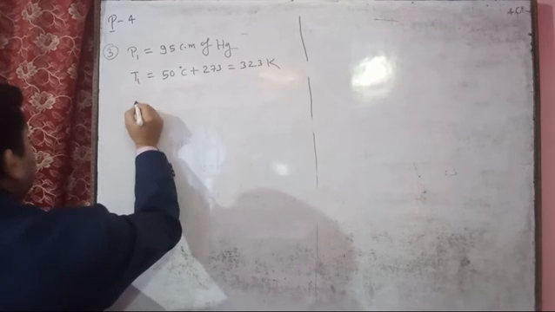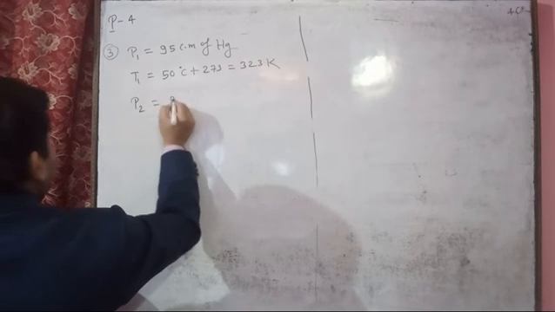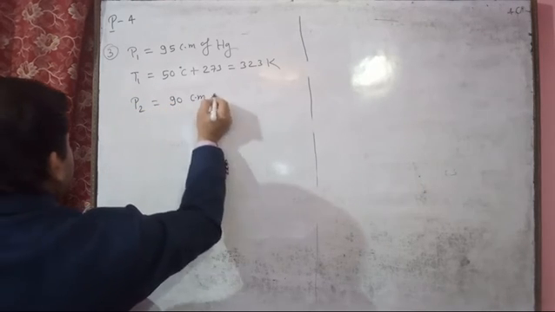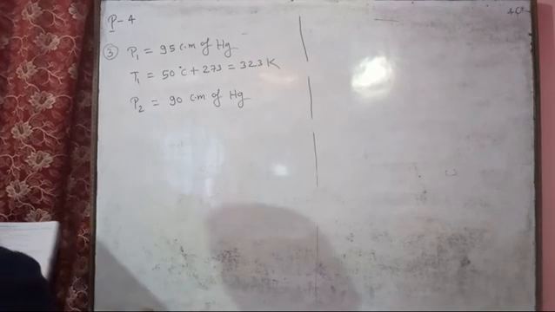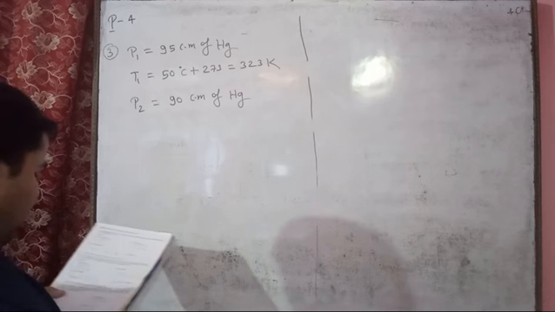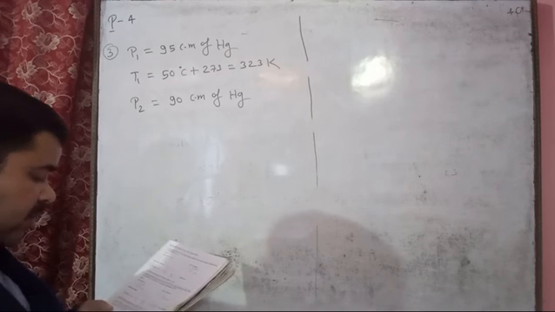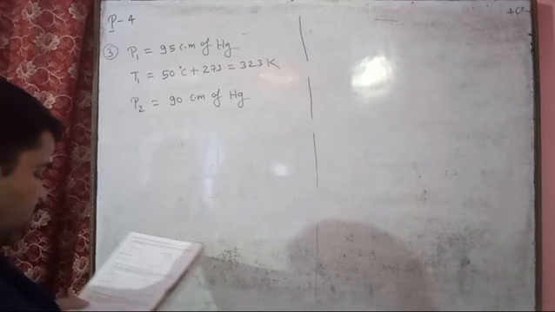So P2 is 90 centimeter of Hg. V1 is not given, and V2 is 80% of the original value.